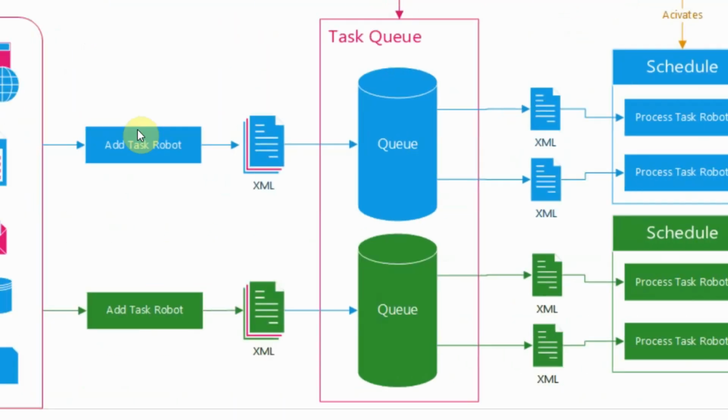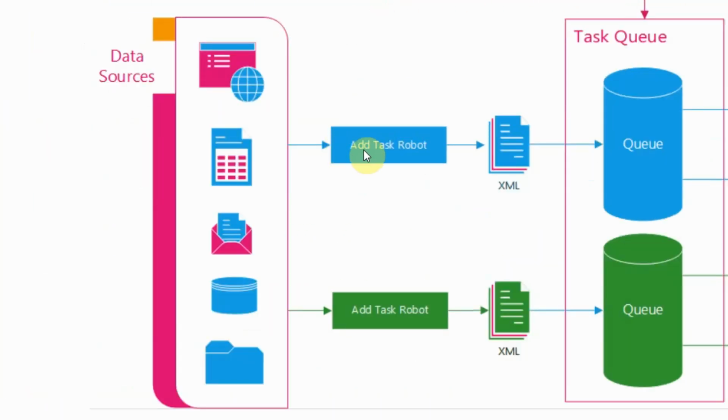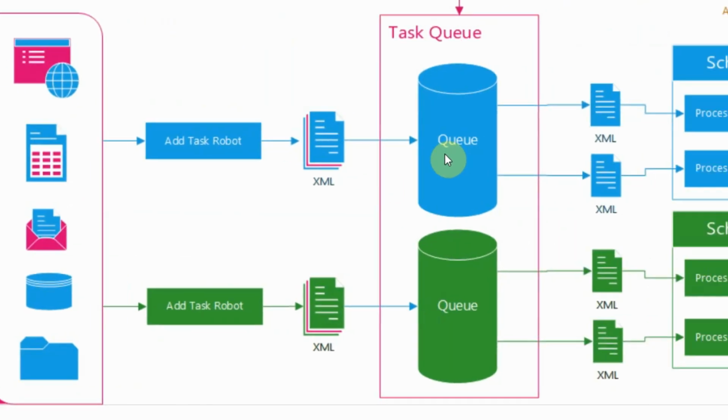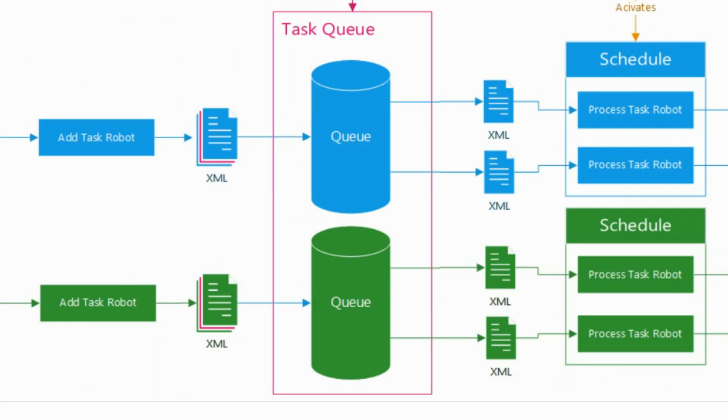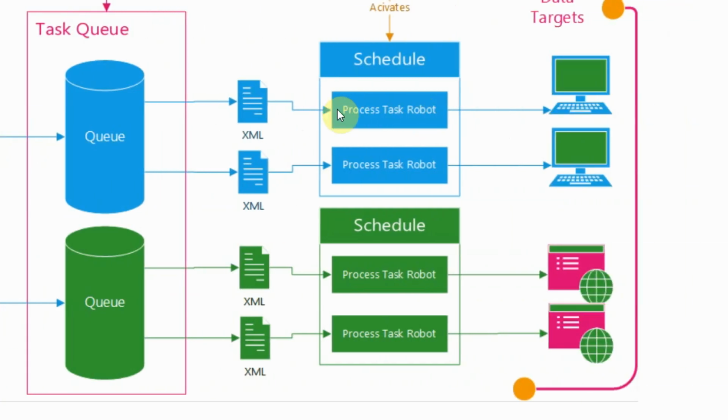Another piece that is important is a robot that is adding tasks to the queue. And the data sources can be anything. That can be a database, a website, a document, an Excel document, for example, or anything else. So this is taken by the add-task robot and persisted into a generic XML format, which is kept along with a task in the database and taken as an input for the process task robot to execute the task.